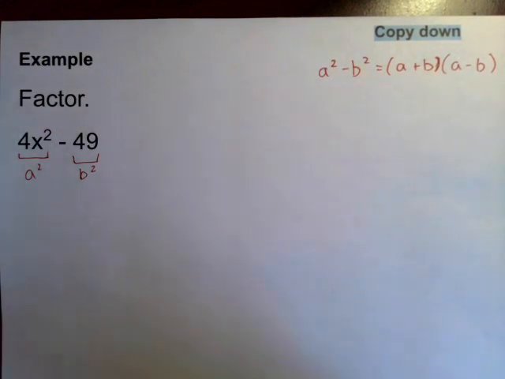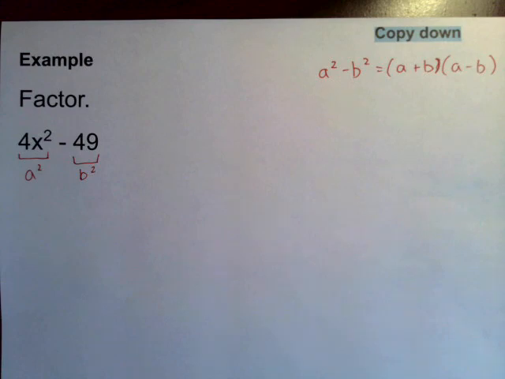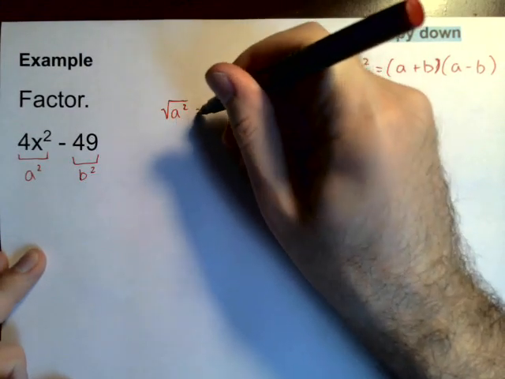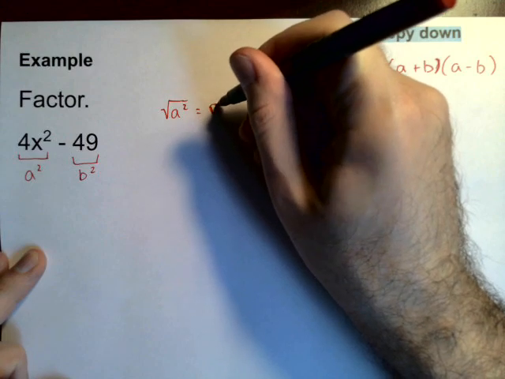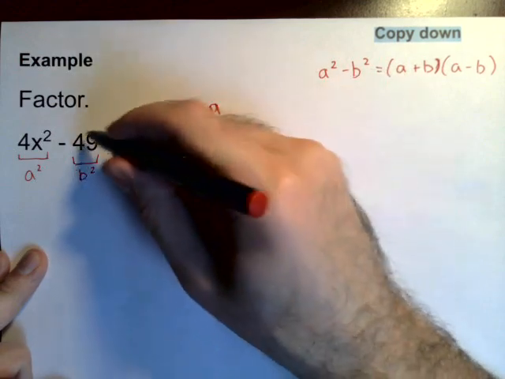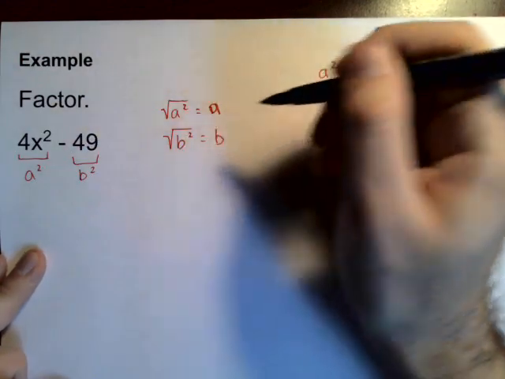So when we want to know the actual value for a and b, I didn't show this in the last example, but I'll just review this. The square root of whatever this term is will give you a, and then the square root of whatever that term is will give you b.